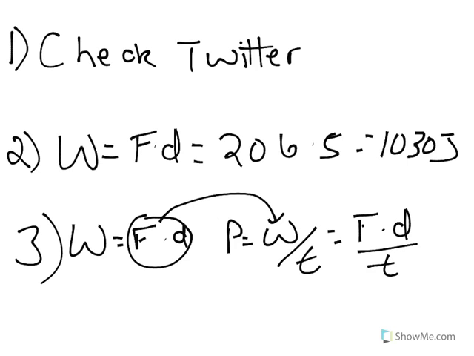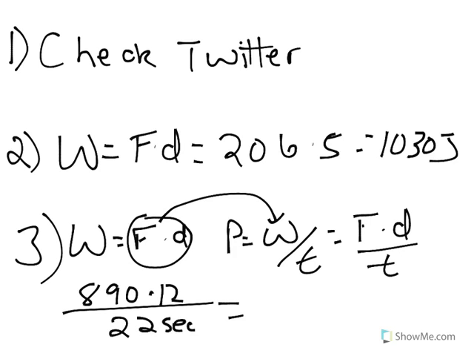Force is 890 newtons times the distance, which is 12 meters, divided by the time, which is 22 seconds. And if I plug all that in, I get 485 watts.